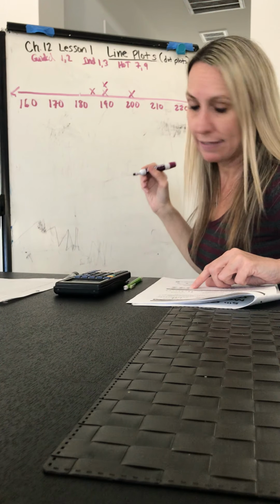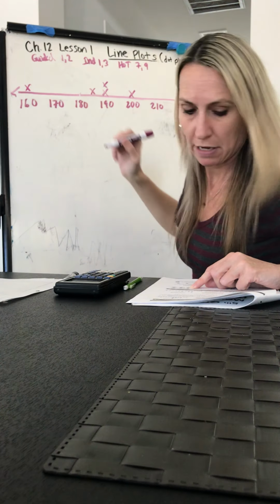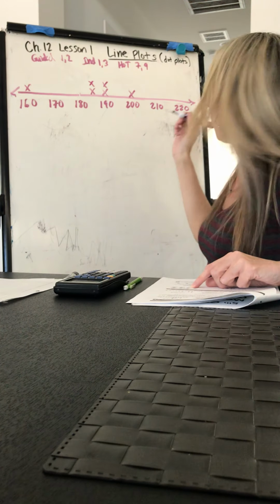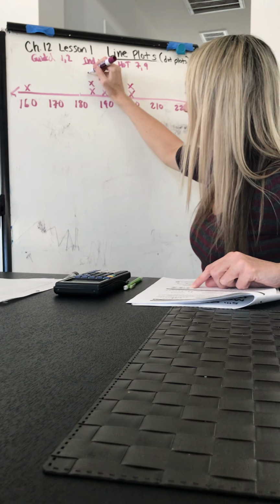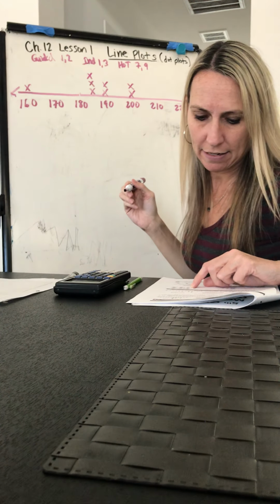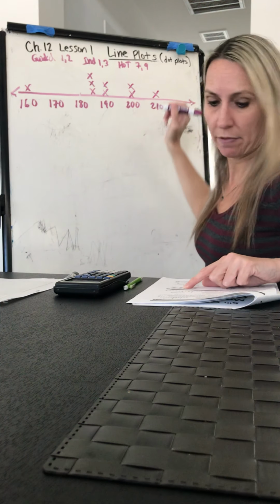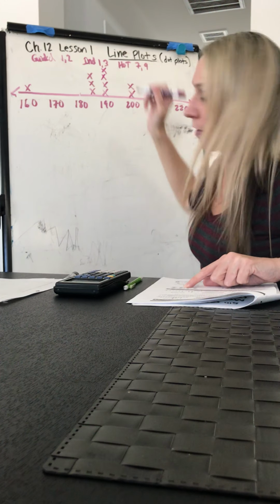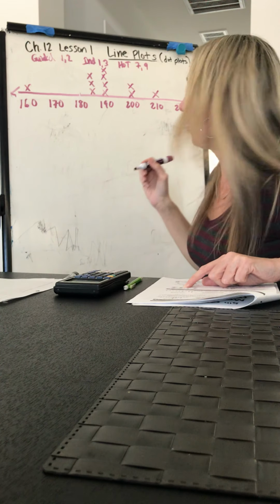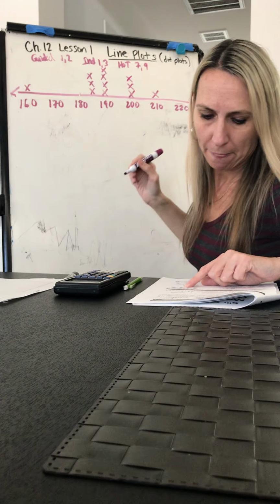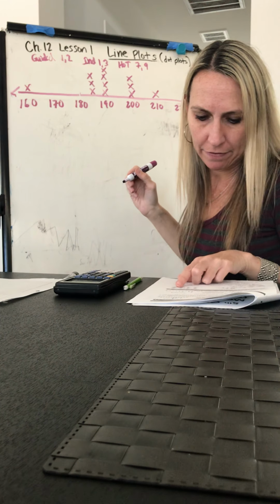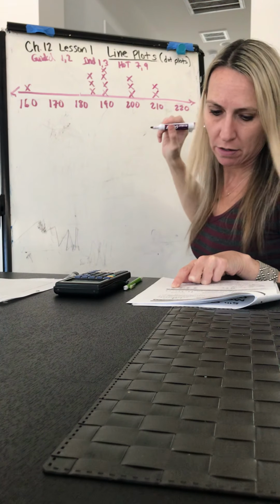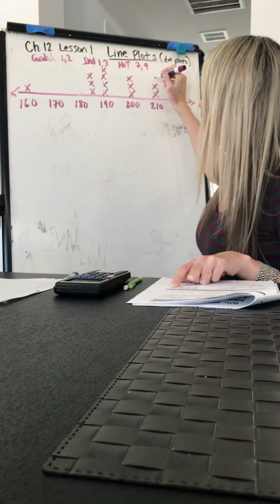Okay, and then it says 160. 185. 200 and 185. Okay, and then we have 210. And 190, 190, and 200. And then we have the next one, we have 210, 190, 210 again.